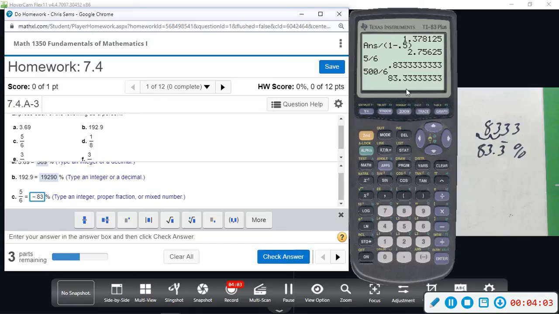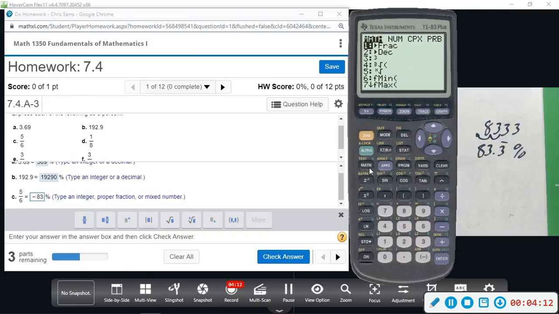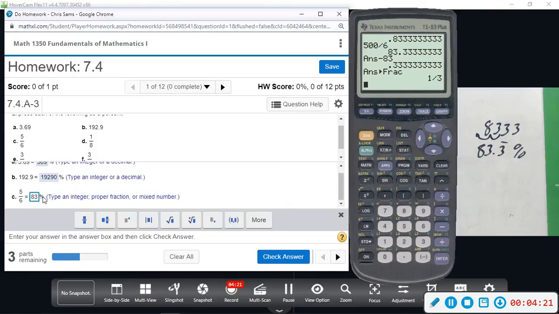So on this calculator, I'm going to subtract the 83. And then that decimal part, if we do math, enter, we get 1/3. So here, we're going to say this is 83 and 1/3. The answer wants it as a whole number, a proper fraction, or a mixed number, so we can't do the decimal part. They want it as a mixed number.